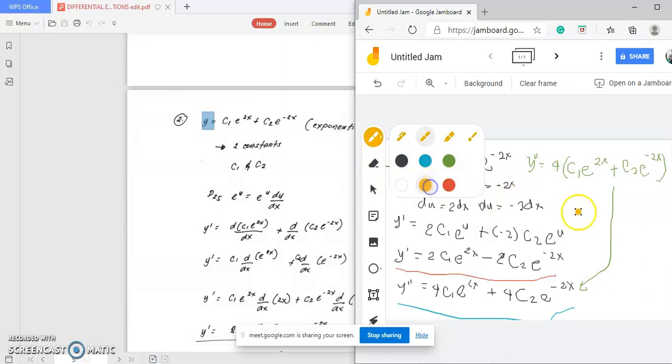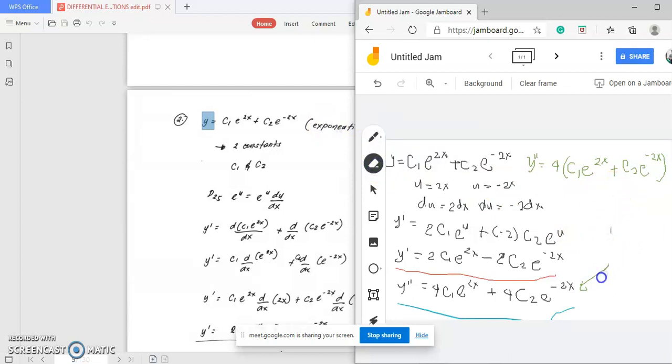Let's just continue with the block. Let's erase this one so that we have space.